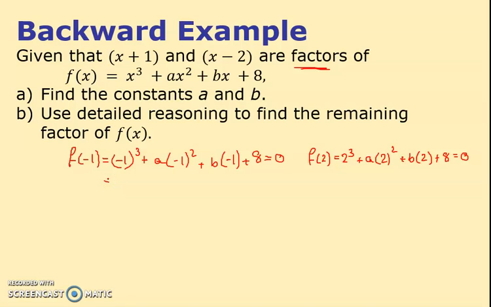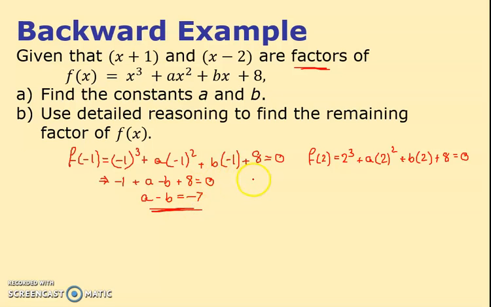So let's solve this one initially. On this one I get, this implies that, that symbol means this implies that, I get minus 1 when I cube it. Minus 1 squared is plus 1, so this is actually a plus a, minus b plus 8 equals 0. I'm just going to tidy this up: a minus b, let's move all my numbers onto the other side, equals, I reckon that's 7, so it's minus 7, I'll move it over.